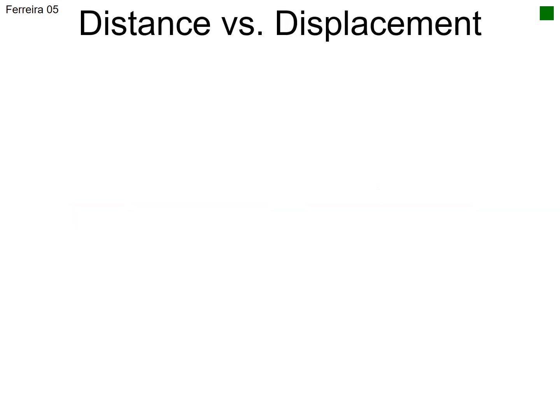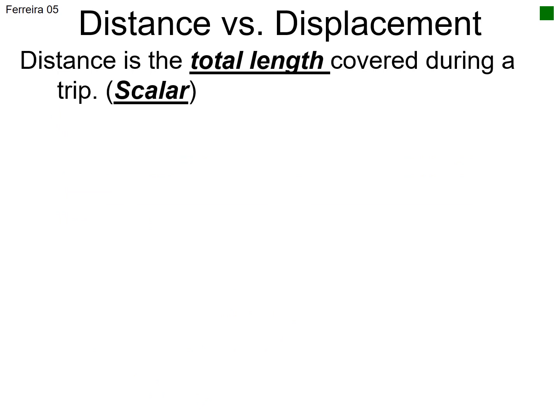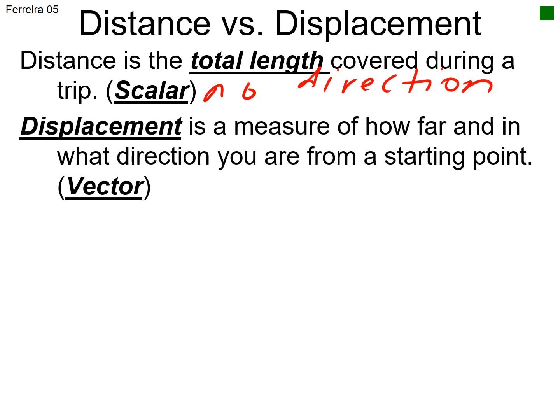All right, some more terms for us. Distance is the total length covered during a trip. Distance is scalar, so distance has no direction. We don't care about the direction when we talk about distance.